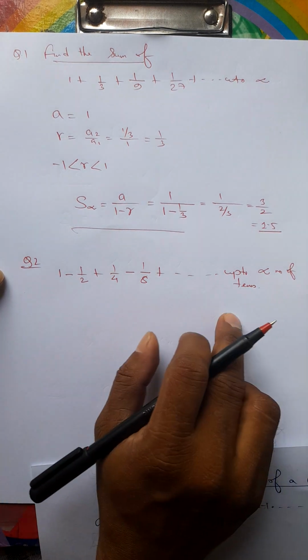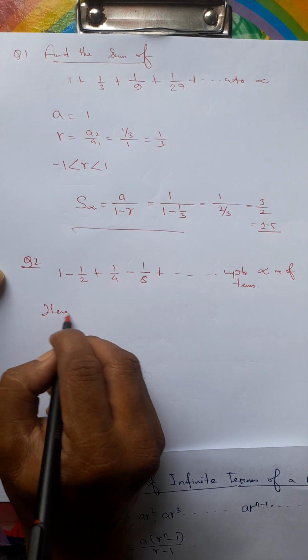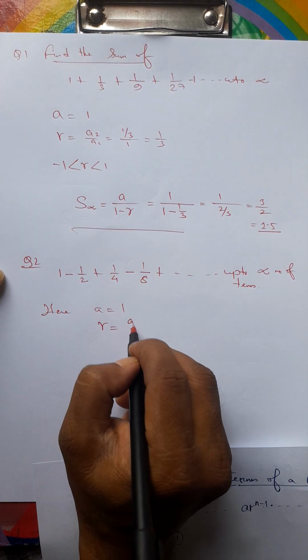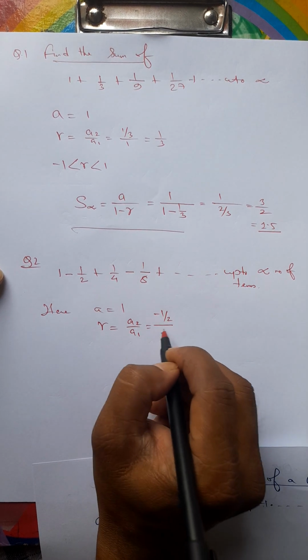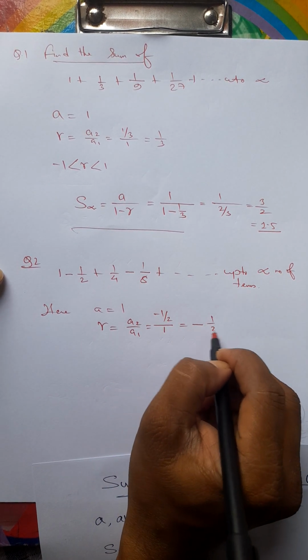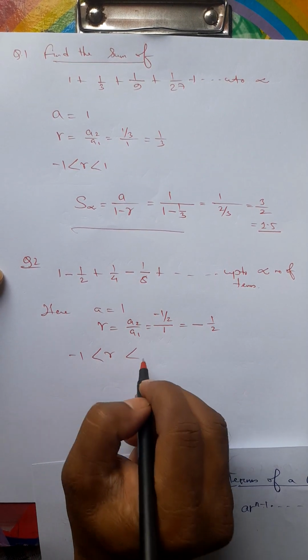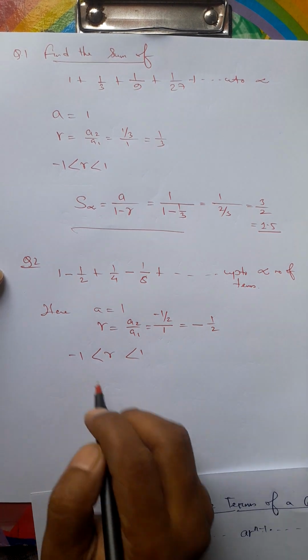Let's find the sum of this series up to infinite number of terms. Here you find a equal to 1, common ratio r means second term divided by first term, minus half divided by 1 equal to minus half. So you find that r is greater than minus 1, less than 1. Minus half is greater than minus 1, right?